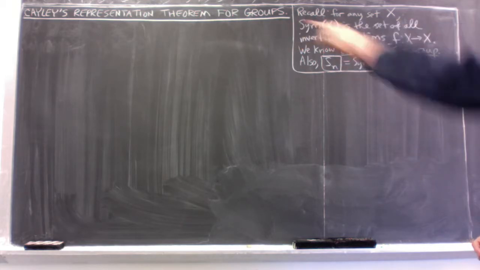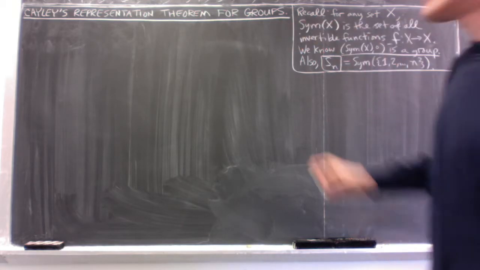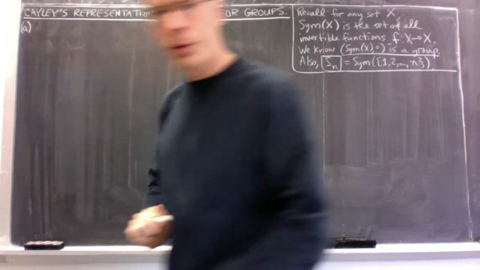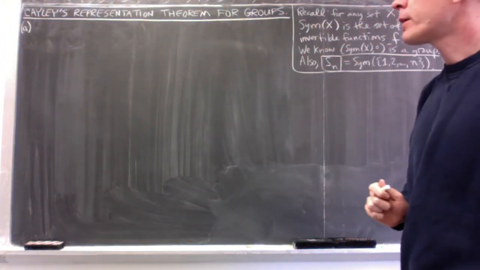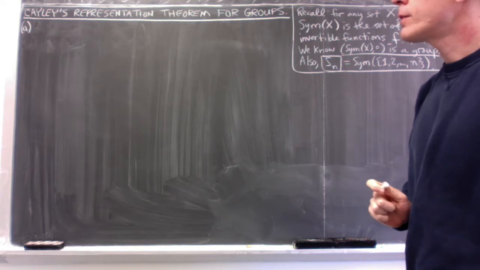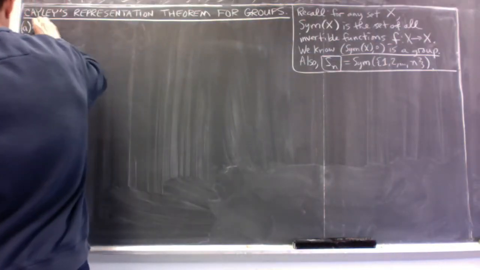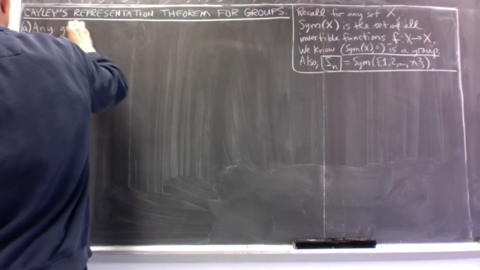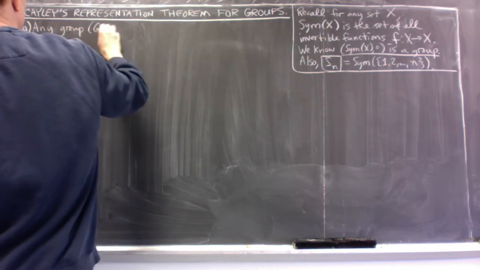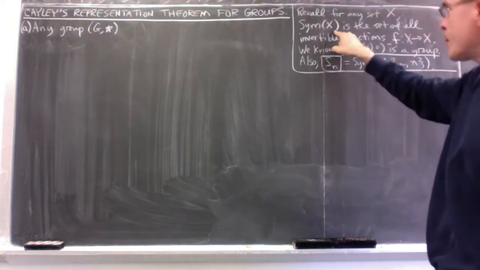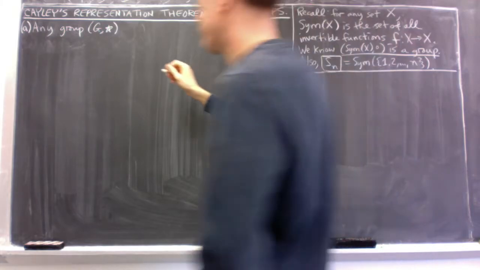Now, on to this theorem. Cayley's theorem has two parts. We'll focus on part A for the most part in this video. Part A says that any group G star, any abstract group satisfying the group axioms, is actually isomorphic to a subgroup of one of these symmetric groups.